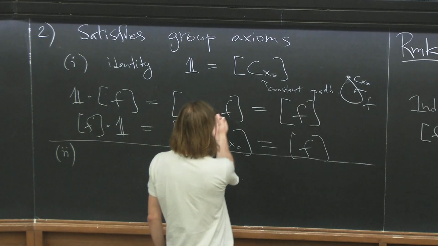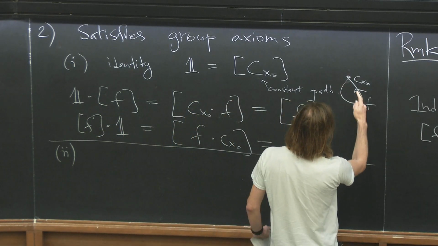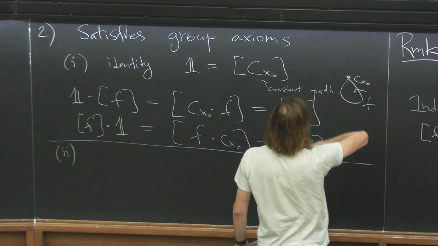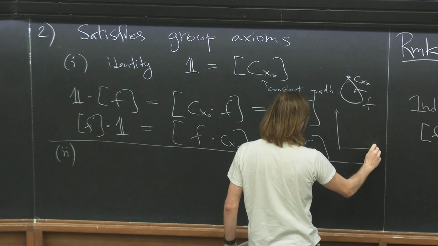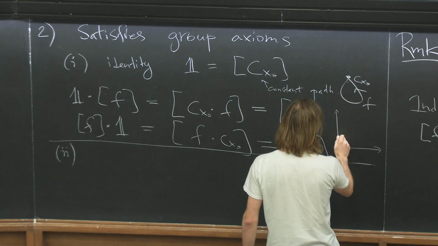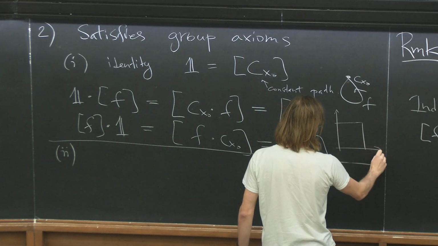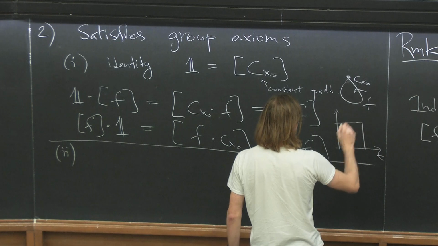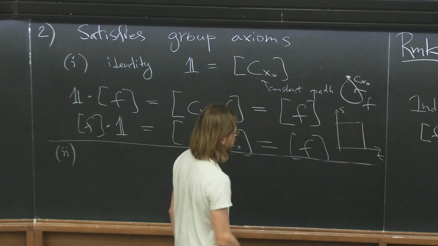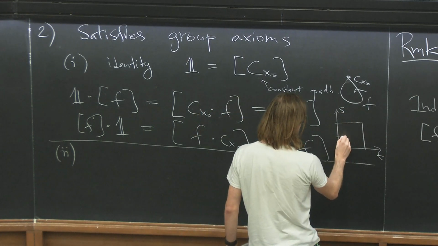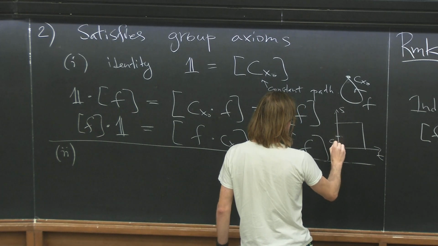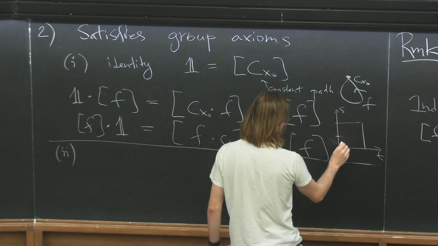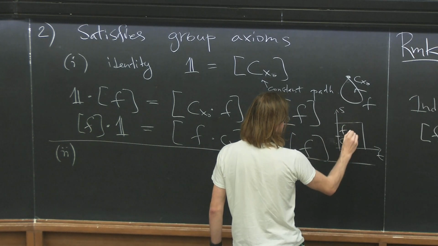In principle, if you wish, one can write an explicit homotopy, using the technique which we had before. If t is the homotopy parameter and s is the parameter along the path, then to do the composition, we first split into two halves. Here we have a constant path, and here we have path f.